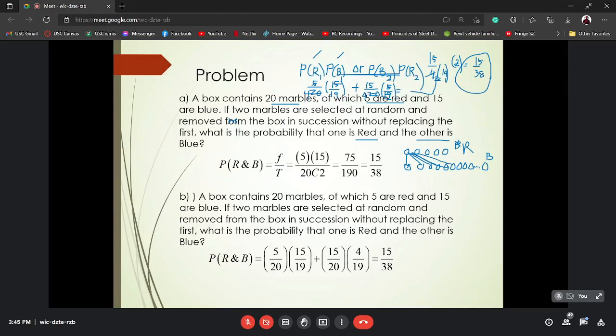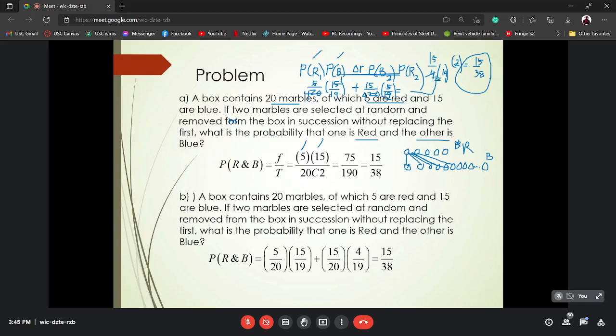Or you can also calculate it in this manner, because we are interested in 1 red and 1 blue. So you can also calculate the favorable outcome as multiplication, knowing that there are 5 red and 15 blue.